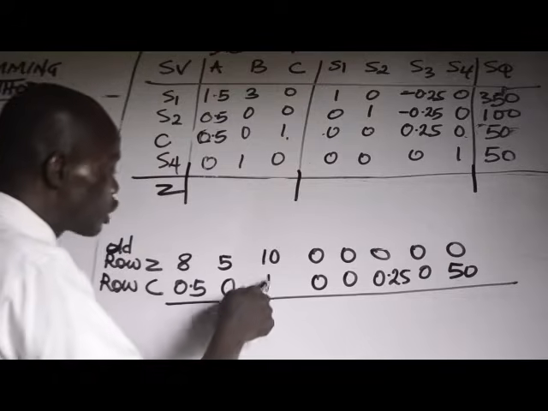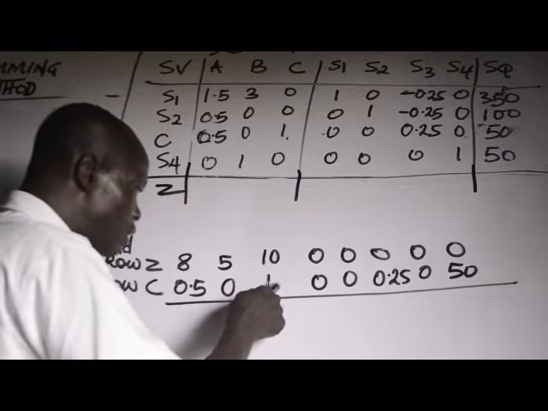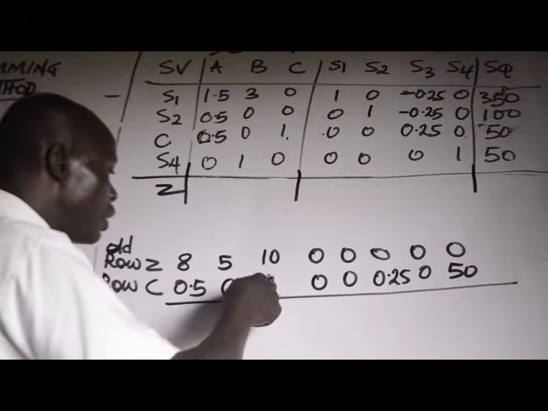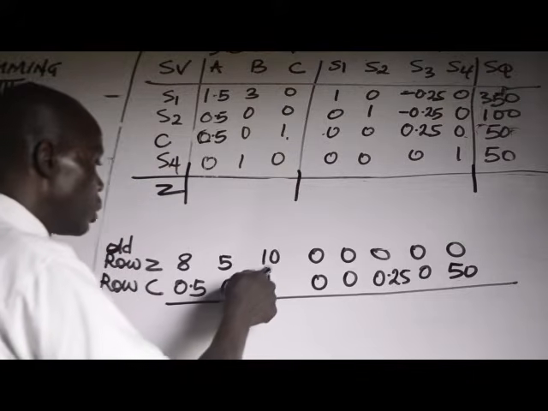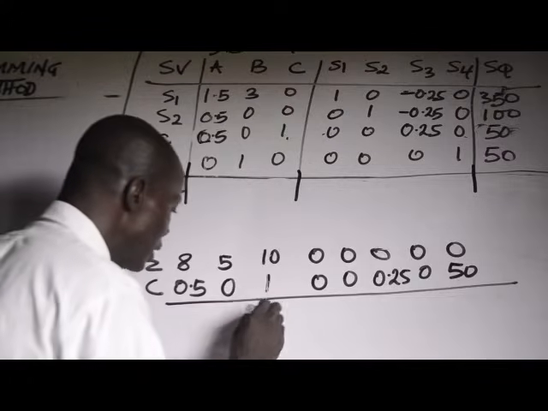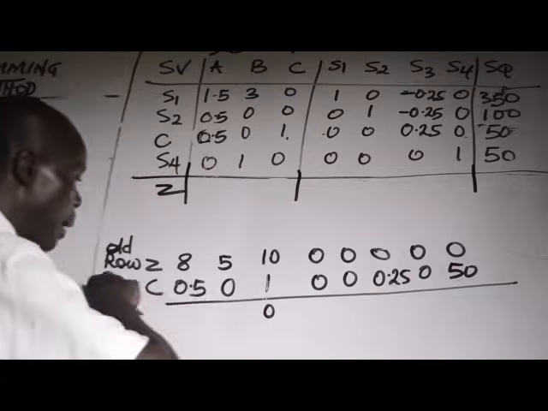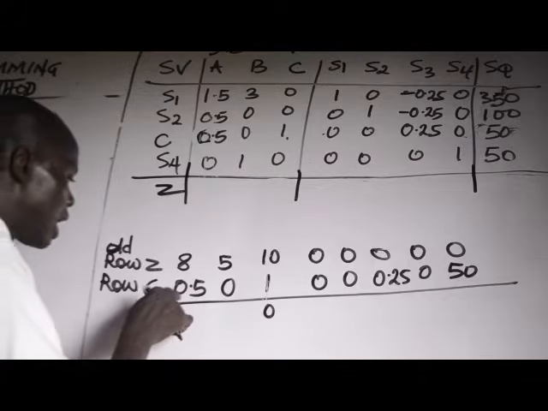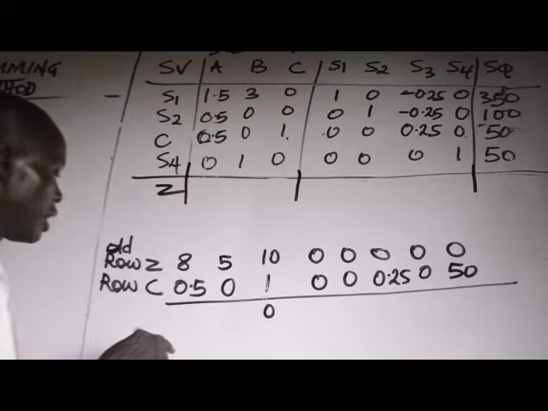If you have 10 minus 1, it will give us 9, not equal to 0. That means for this to be 0, this has to be 10. So that you can now have 10 minus 10 equal to 0. Therefore, you will need to multiply 1 by 10. So each element in this pivot row has to be multiplied by 10 before you subtract. So 0.5 times 10 will give us 5.